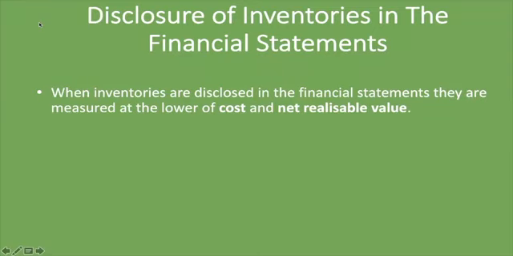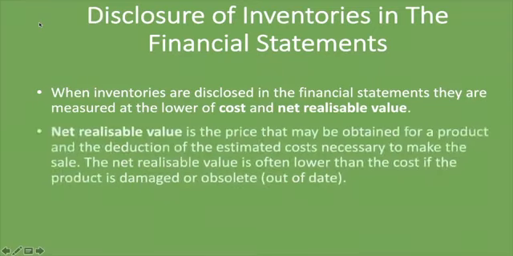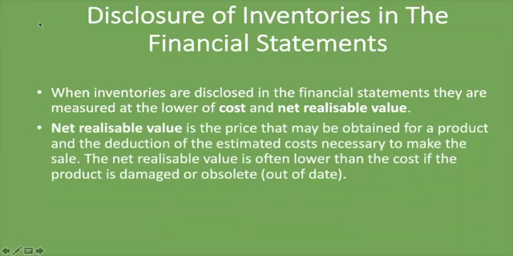The net realizable value is the price that may be obtained for a product less the estimated costs necessary to make the sale. The net realizable value is often lower than the cost if the product is damaged or obsolete, and by obsolete you mean out of date.